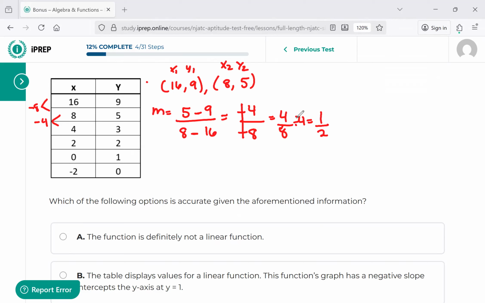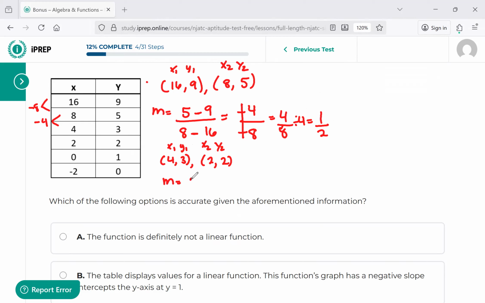Okay, so that means if you pick another 2 points and the slope is 1/2, that means it's linear. If it's not, it's no longer linear. So if I use 4 comma 3 and 2 comma 2, right? Let's see.